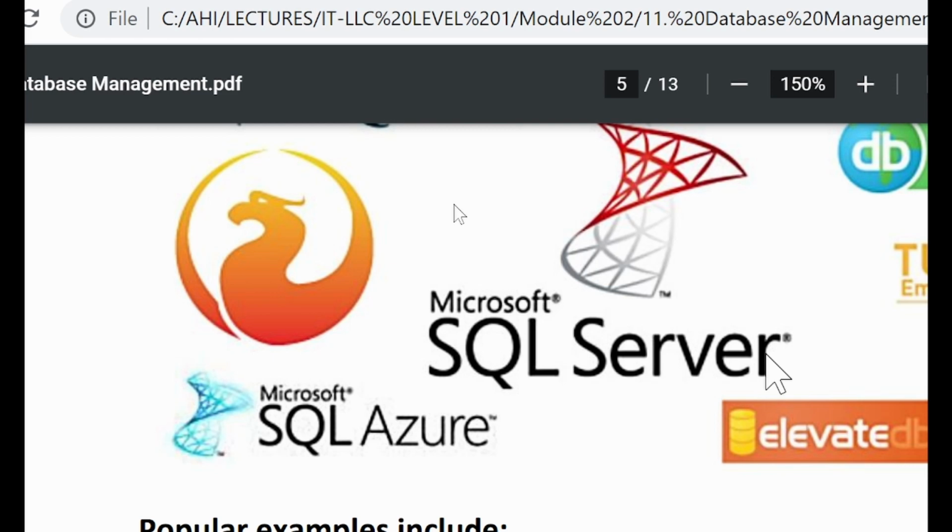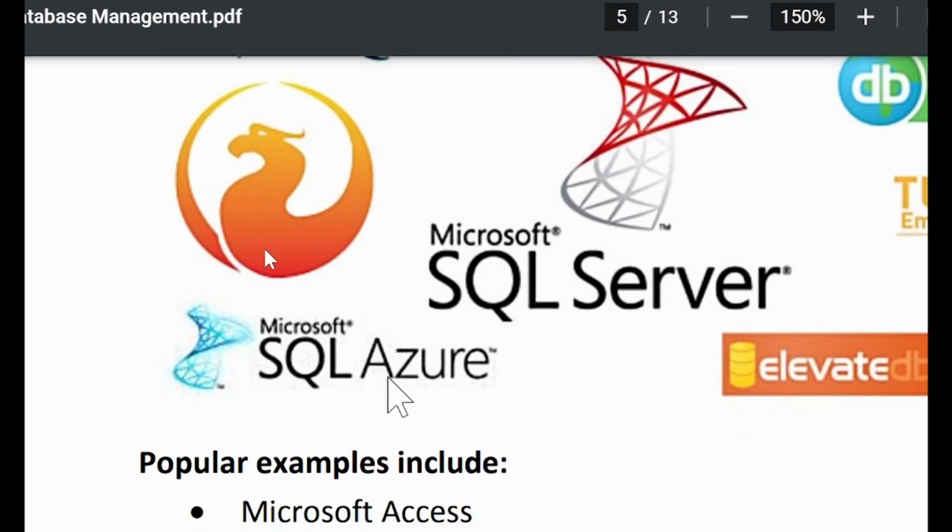After Access, if you want to move to an advanced system, the next advanced system from Microsoft is SQL Server, Microsoft SQL Server. Then do you see this here? This is one of the most advanced database systems in Microsoft right now. Microsoft SQL Azure.